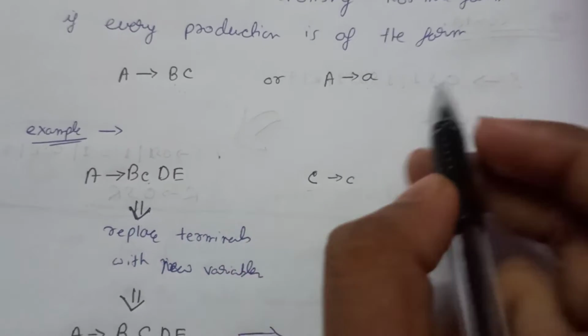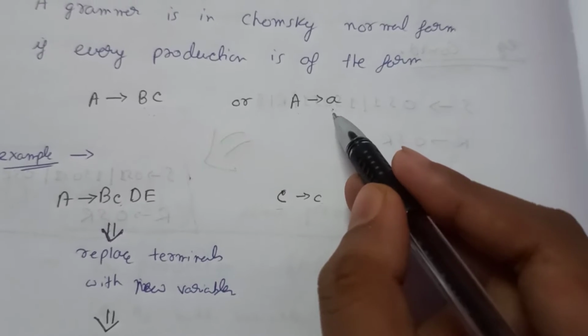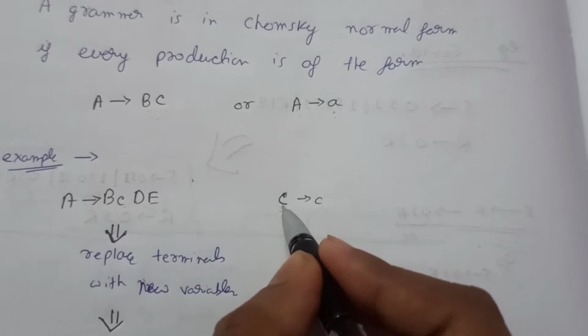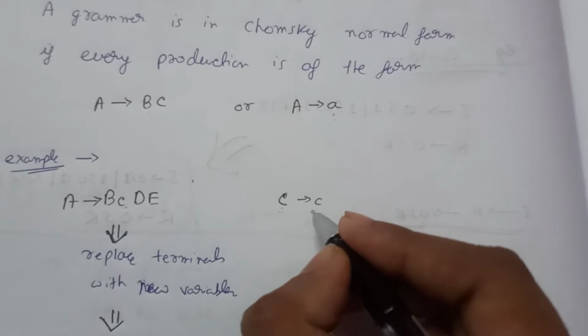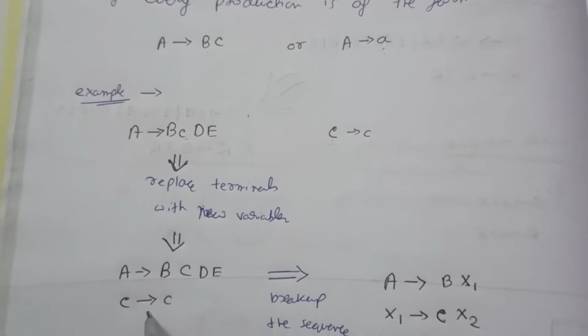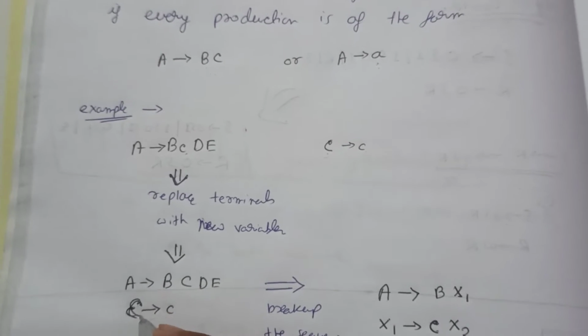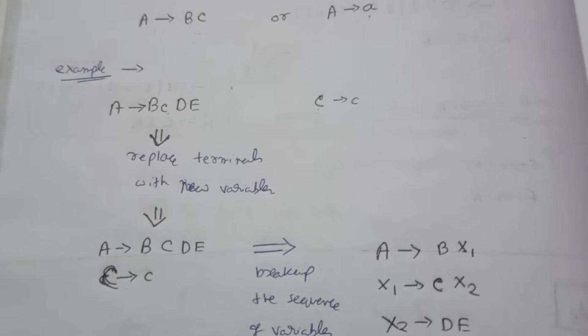This type of production rule is allowed in Chomsky normal form, and I will replace it here. So I can write A to B C D E and C to small c. This C here is the capital C, don't get confused.